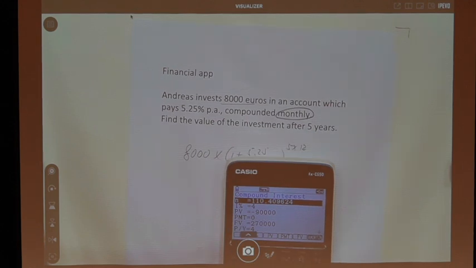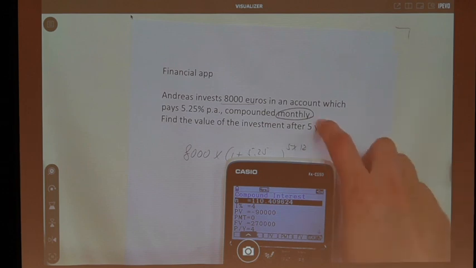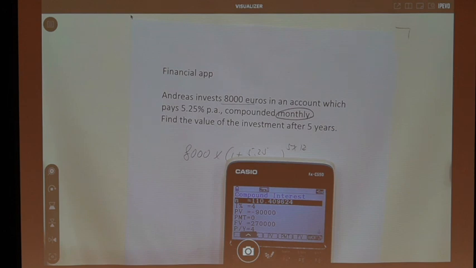N is the number of terms, it's not years. So this time we compounded monthly for 5 years, so you get the number of terms as 5 times 12. And the compound interest is per year, so you can just put it in.